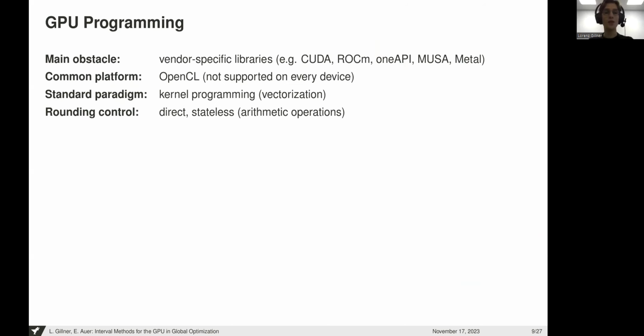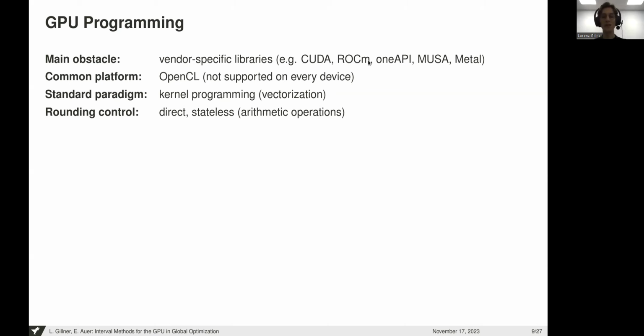And what about GPU programming, now that we know the foundations of the hardware? The main obstacle of GPU programming is that every vendor has their own library. So unlike desktop processors where everybody basically has the same foundations, we have on the GPU for every vendor a specific language model we have to learn, although CUDA and ROCm, which is the AMD equivalent, are pretty much interchangeable.